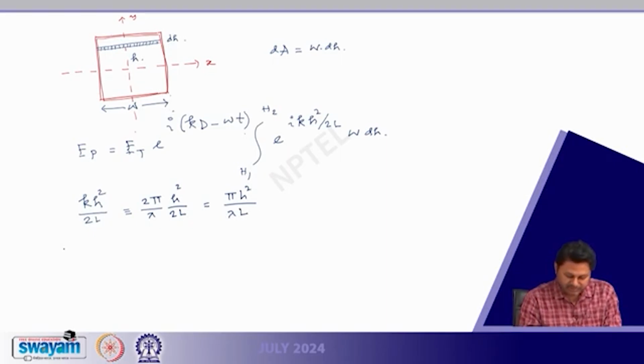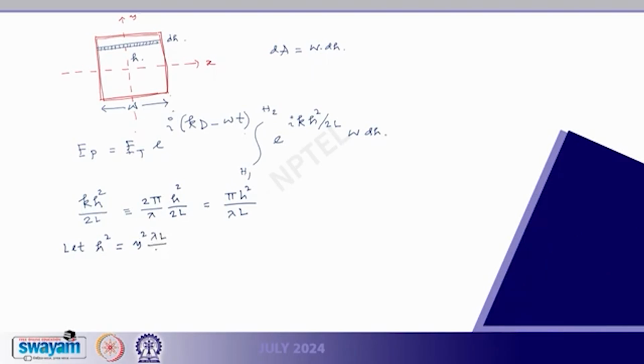Now, let h square be equal to y square lambda l divided by 2, that I replace.